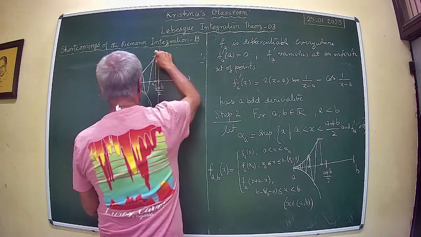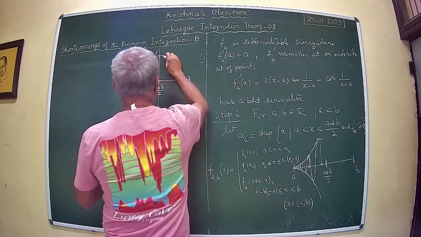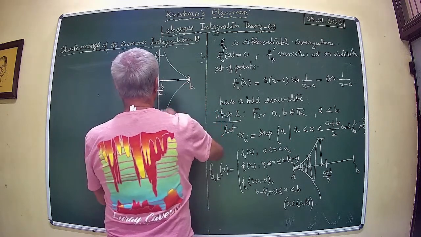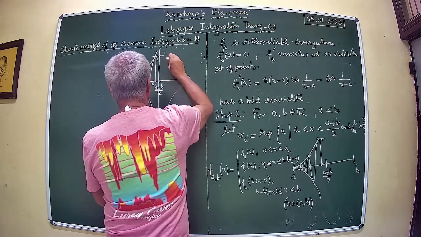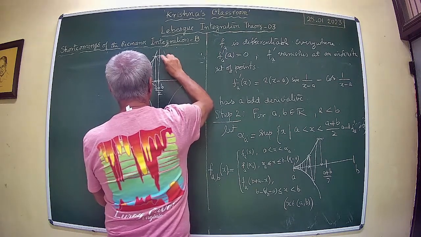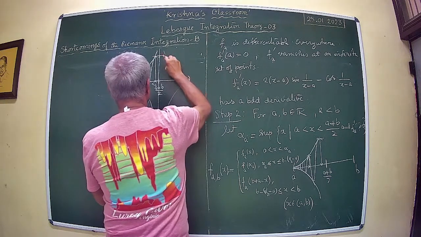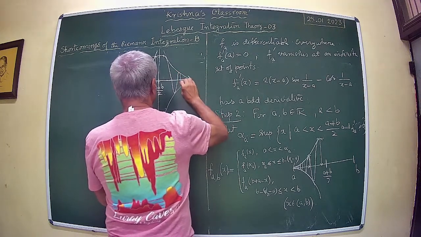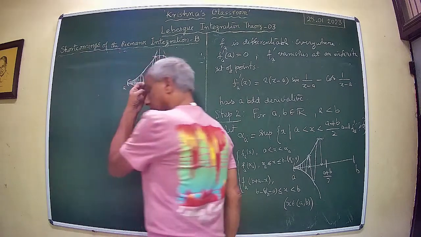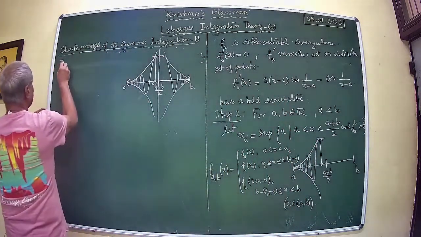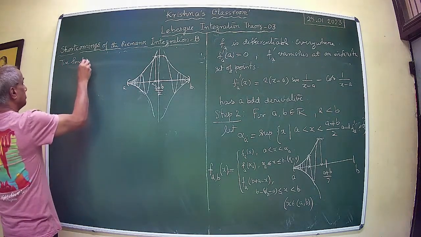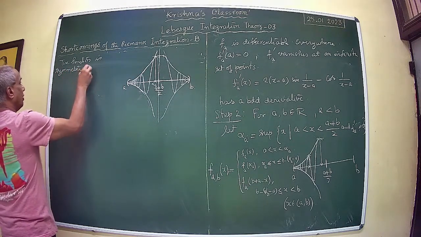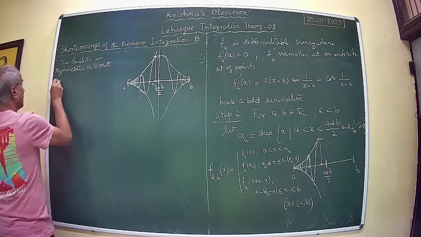So this oscillates like this, and its constant function here, and you take the reflection of this. It's symmetric about (a+b)/2.